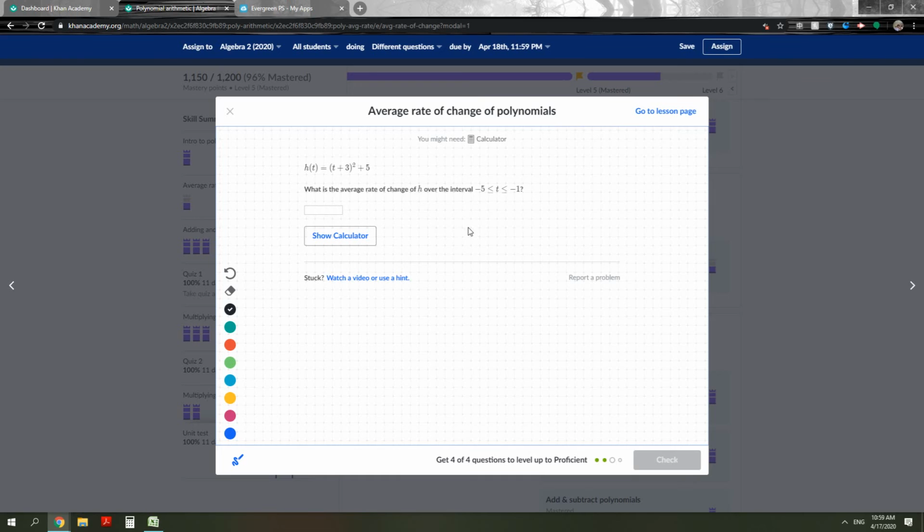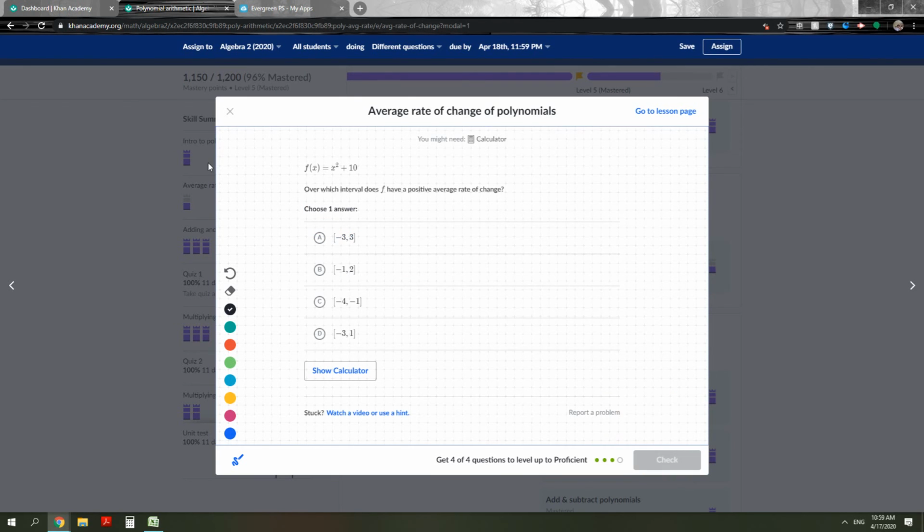So we know when you're at this one, you're really at 9. And when I look at this next one, negative 1 plus 3 is 2. 2 squared is 4. 4 plus 5 is 9. Hey, I didn't go up or down at all. So the rate of change here is just going to be 0 again. So I'm going to put 0 in here, check my answer, and we're golden.